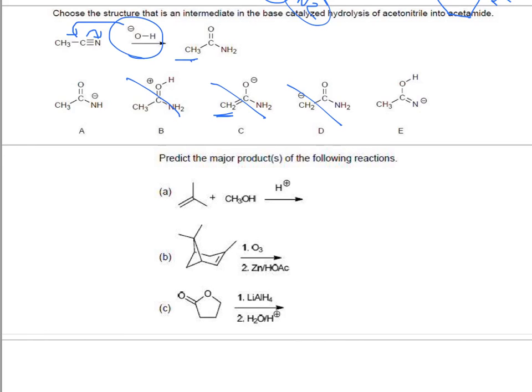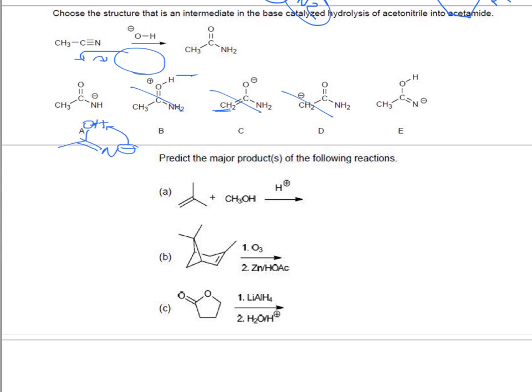Essentially, what is left behind is a situation where you have methyl, OH attached, double bond, and with a negative charge. That negative is going to pick up the proton and give the carbonyl. But realize that this structure is exactly similar to E, and so that fits the bill.